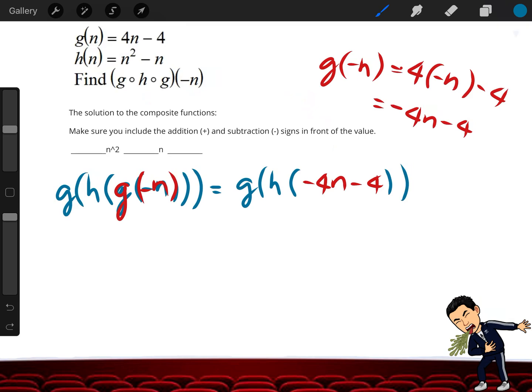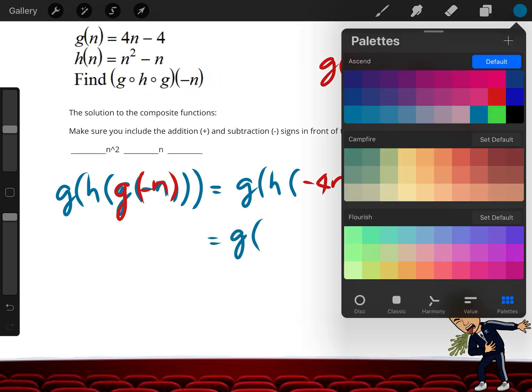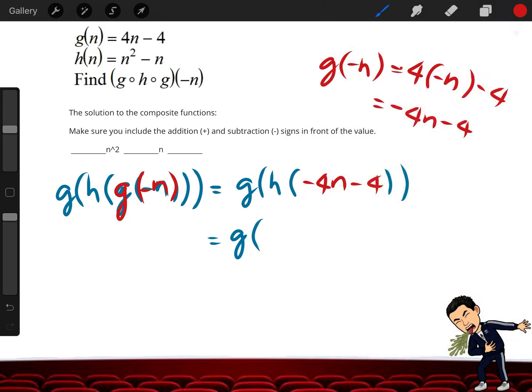It's going to be a little crazy, I understand. Okay, so g of, now let's look at it. You have to plug in -4n minus 4 into n squared, and then minus 4 times -4n minus 4.